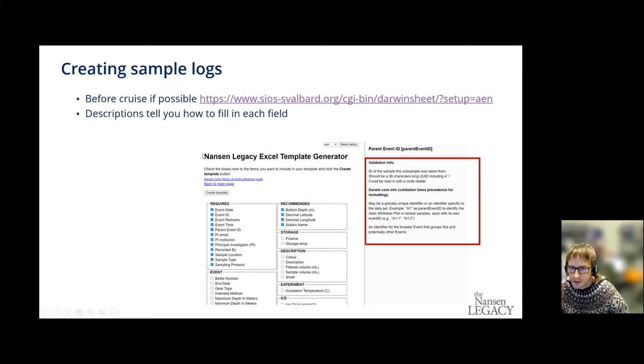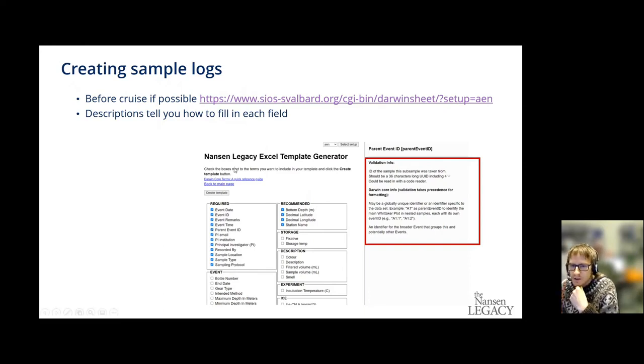The sample log generator looks like this. I'll put a link down to this via email afterwards, so you don't have to worry about this link on top right now. You select different boxes for certain fields that are required for every sample, some things that are recommended, and you can scroll way down on this, and there's loads of different fields to choose from. Each of these fields then becomes a column in your Excel file.